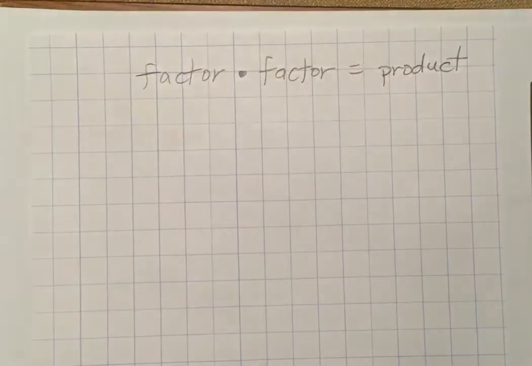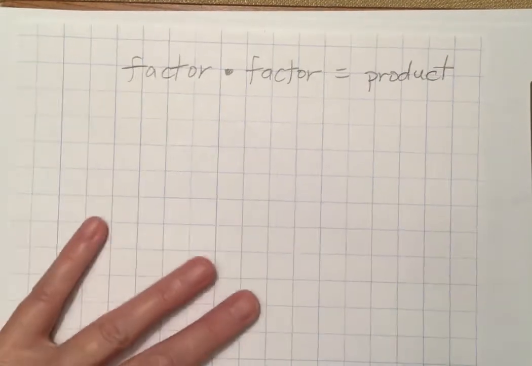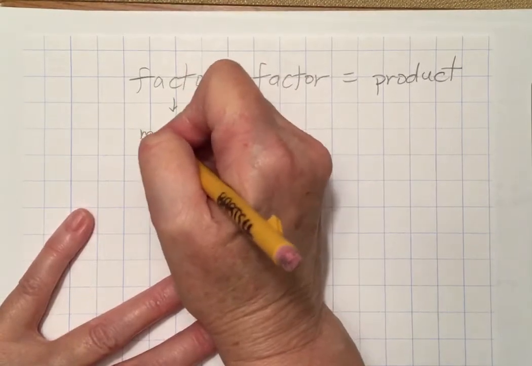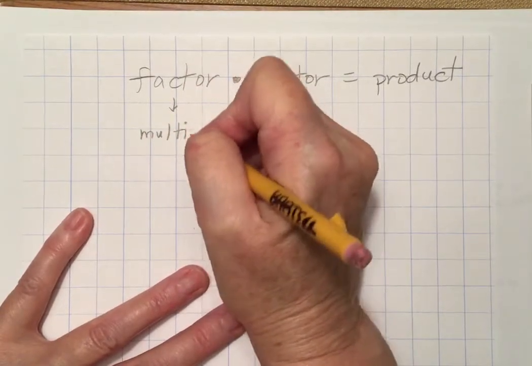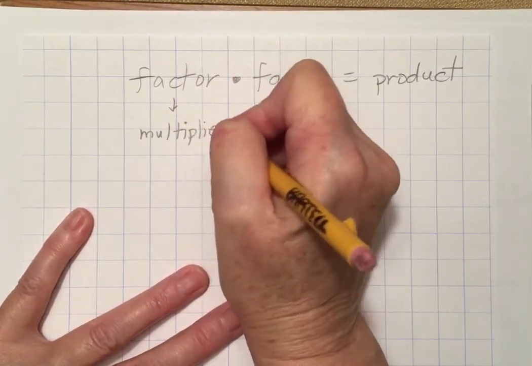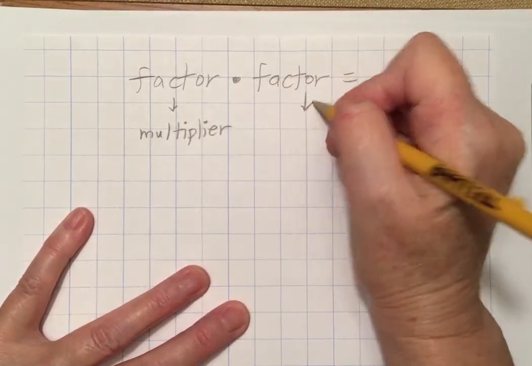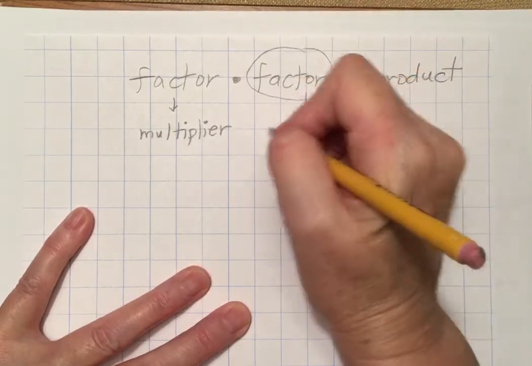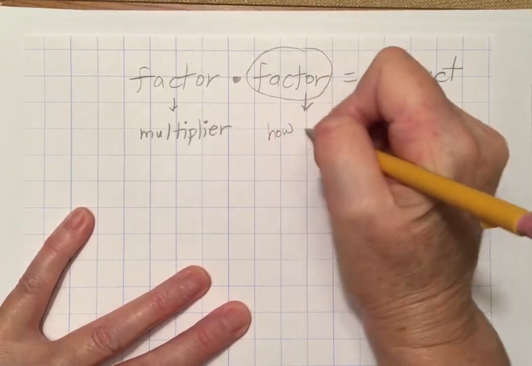It's just rote memorization, okay? And then remember, the first number is the multiplier. And then this factor is, and in fact, I should circle it, how many are in each group?